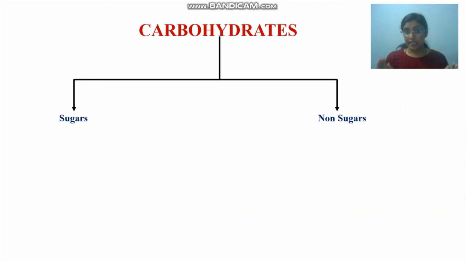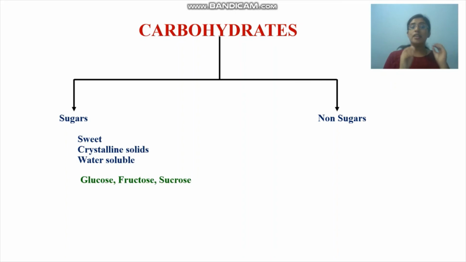And the final classification is based on the properties: sugars and non-sugars. Sugars are the ones that are sweet, crystalline solids, and they're water soluble. Those carbohydrates which are sweet, crystalline, and water soluble can be termed sugars, like glucose, fructose, and sucrose.